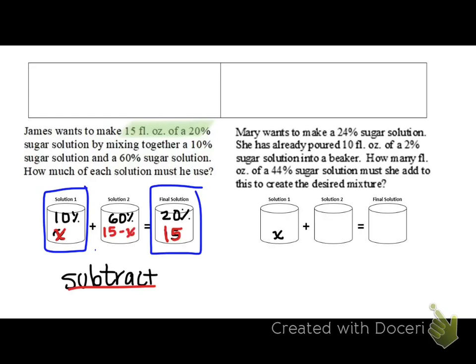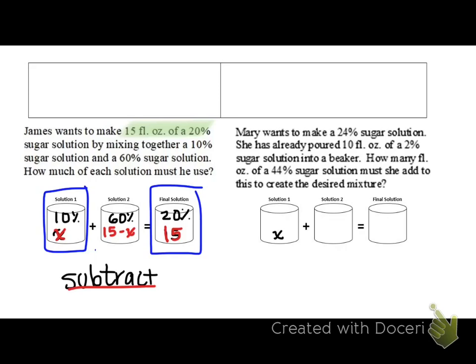Take whatever value it's given on the bottom portions of those and subtract them. Take your whole number minus x. If it would be the addition portion, it would have been 15 plus x. Right? And I'll show you what I mean in this other problem. I think that's half your battle, being able to set it up. I think the solving portion we should be able to do.